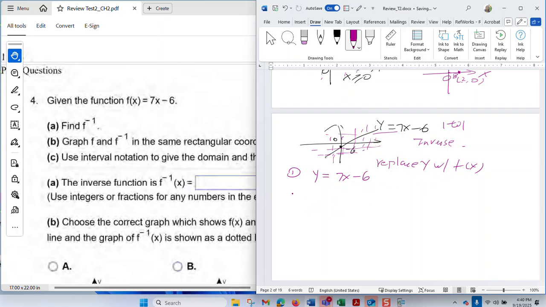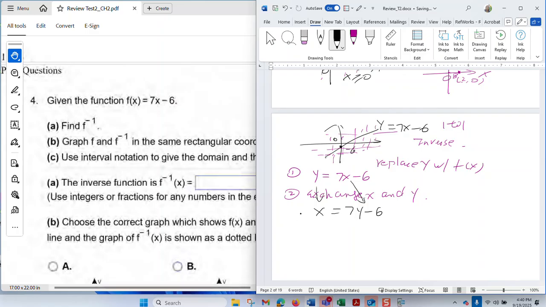All right, the second step is the most important one. We need to exchange x and y, or sometimes we just say switch the x and y. So what does that mean? The y is going to become x, and x is going to become y. So look at it, y becomes x, x becomes y, and the rest is exactly the same.